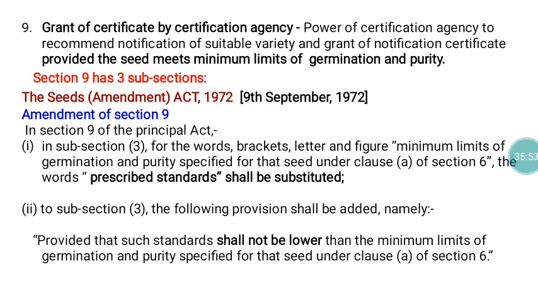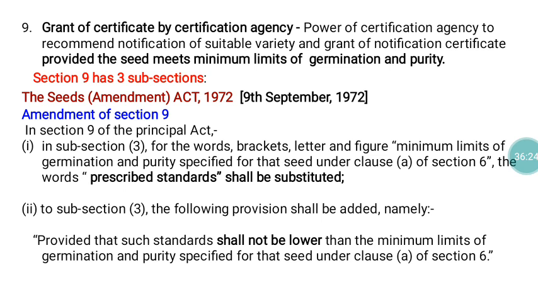Then section 9 is regarding the grant of certificates by the certification agency. The power is given to the certification agency to give certificates if the material fulfills the criteria laid down in section 6 of the Seed Act. Section 6 is related to fixing minimum limits for germination and purity.